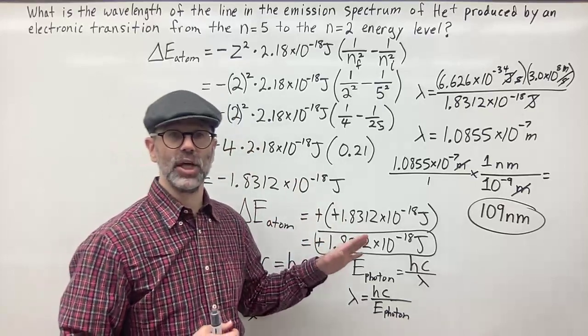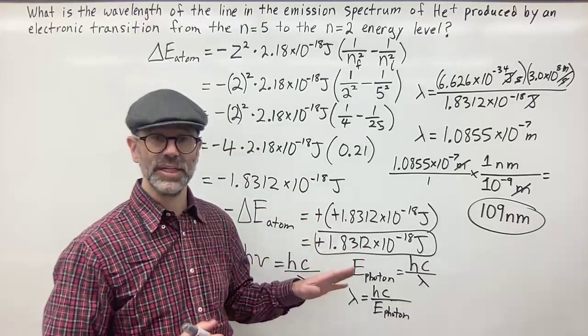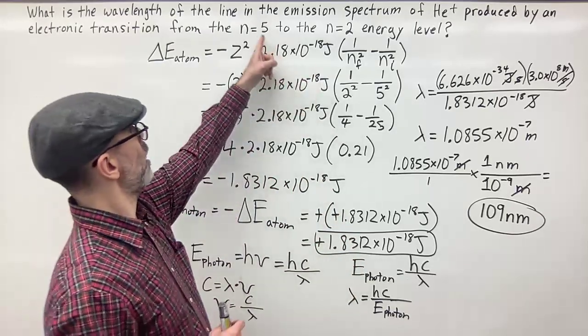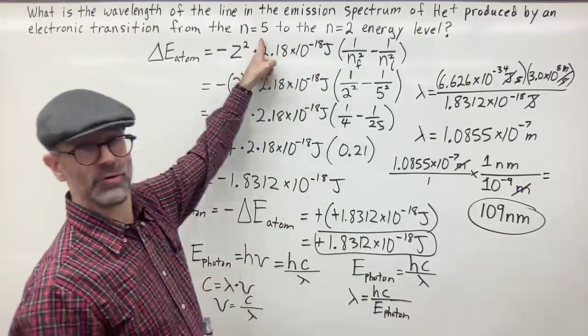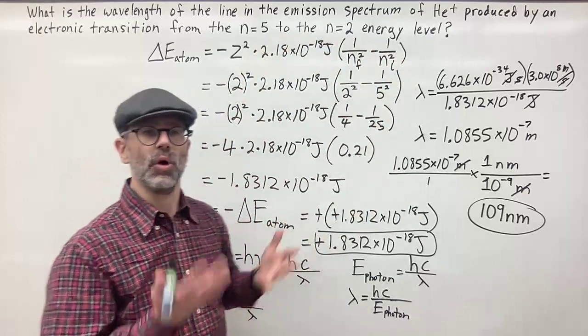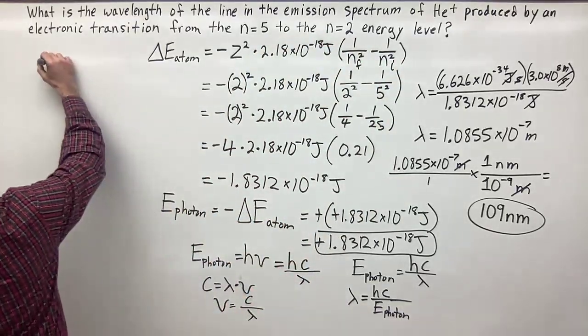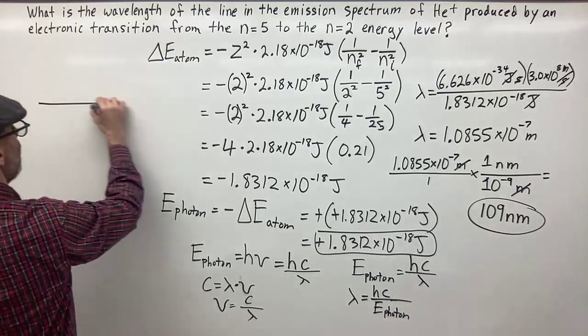That's the wavelength associated with the line on the emission spectrum of the electron that goes from 5 to 2. And again, what do we mean by an emission spectrum? Let me put it this way.